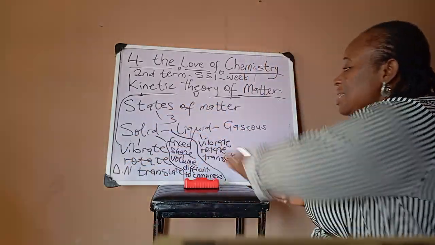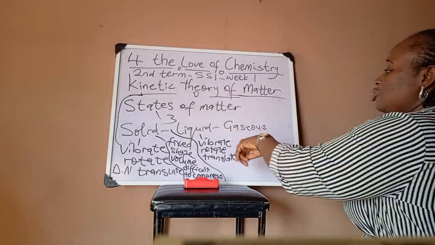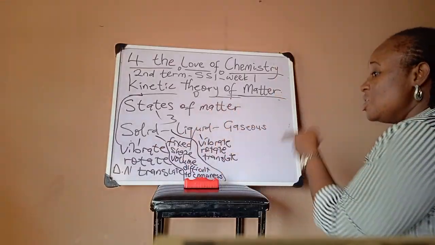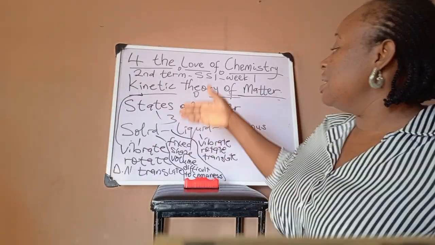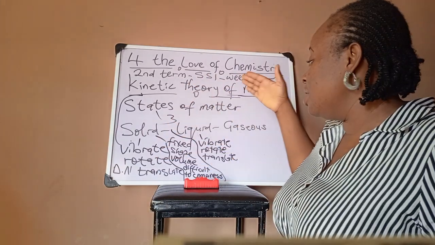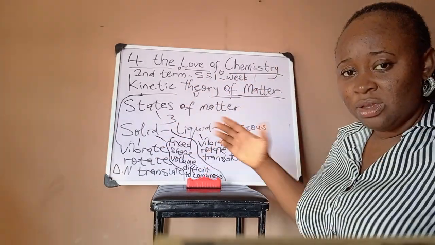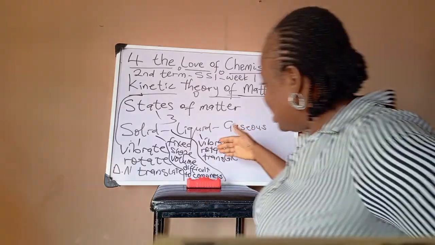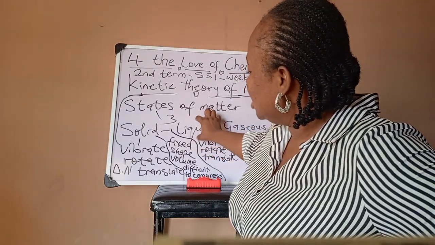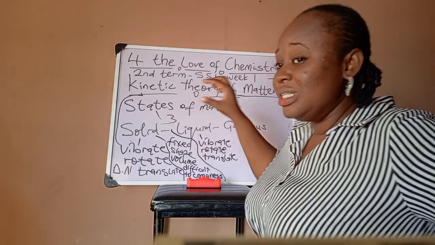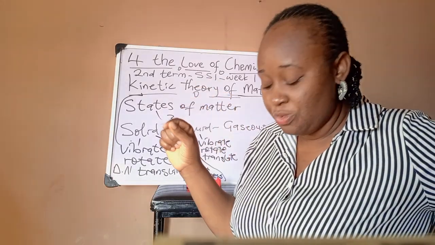So you see that the force of attraction between a solid and a liquid determines the movement of the solid or the liquid. Does it make sense? I'm trying to say that whatever is holding this particle together will decide how much they will move.